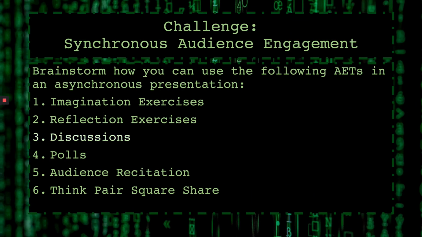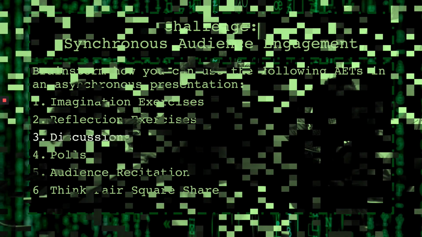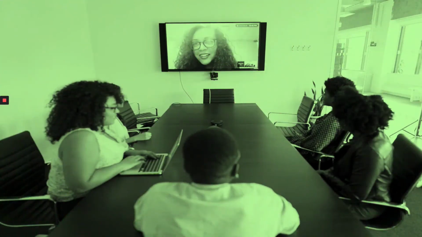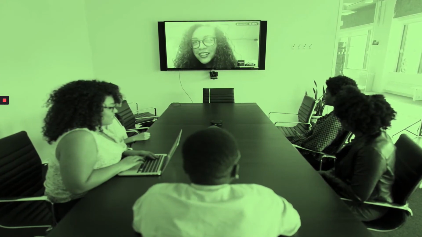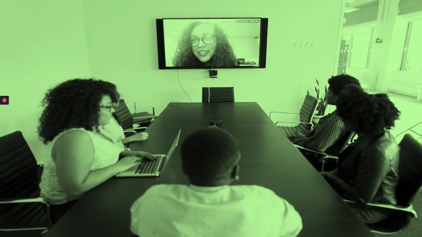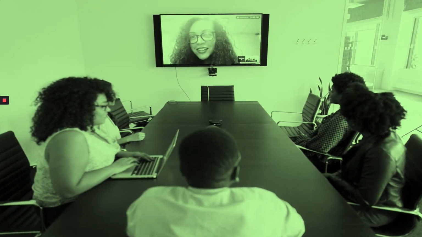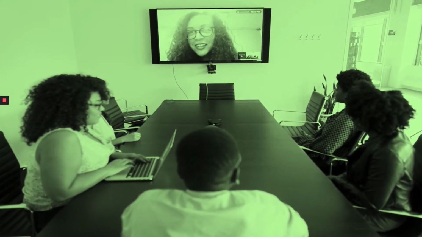What about discussions, though? You can definitely see obvious ways of doing it. Of course, you can just do it face-to-face, and you can have people just share what they're going to say through the camera, and you can have that kind of interaction with your audience immediately because everything is synchronous.